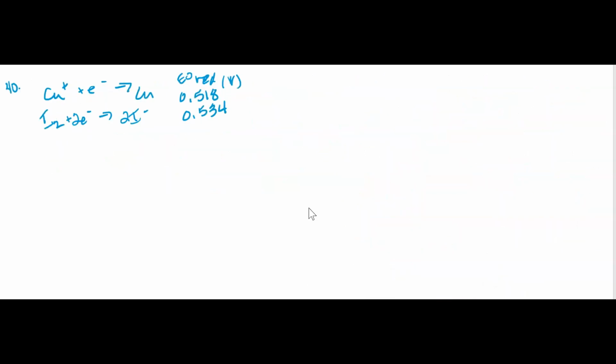But for question 40, we're given the reduction equations and the reduction potential values for the reduction equations. And let's calculate E standard cell. Now, this is not an E cell. And I'm not going to do any sign switching. I use the values as given. I know that the more negative the number, the more easily oxidized.